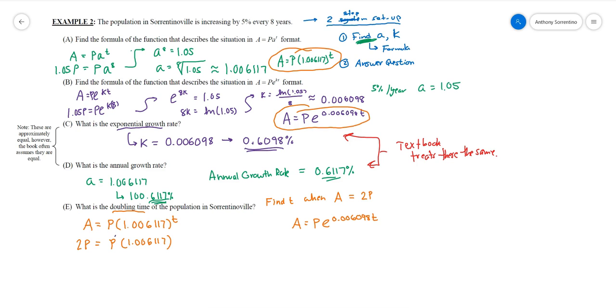I still need the t in the exponent. The P's would cancel out, because the first thing I would do is divide both sides by P, because I can't turn an exponential equation into a logarithmic one if I have anything being multiplied to the base. So I would typically divide both sides by whatever is being multiplied to the exponential, and all it's going to do is cause the P's to cancel here.